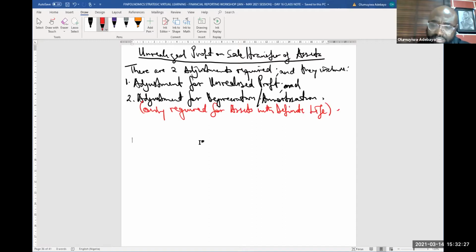Now, let me give you a practical example. Last year, the same asset was in the parent's book. By the time you consolidate it, it gives us 100. But this year, the parent has sold it at 120, let's say it's a land. In the books of the subsidiary, the same asset that was 100 last year is now showing 120. Upon consolidation, the group balance sheet looks bigger than last year.